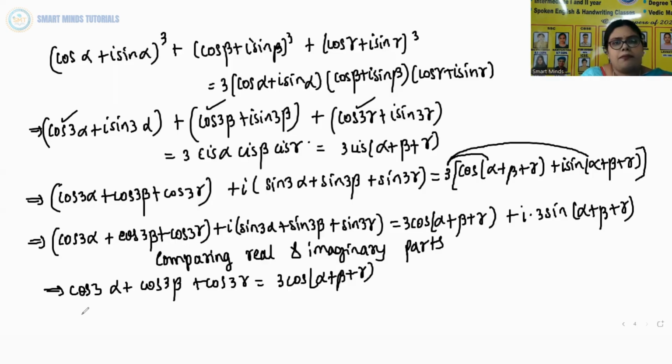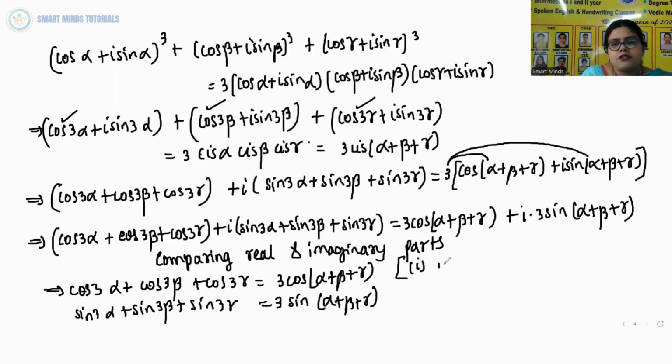And if I compare imaginary parts, we will get sin 3 alpha plus sin 3 beta plus sin 3 gamma is equal to 3 sin(alpha plus beta plus gamma). With this, first bit is proved. And with this, second bit is proved. So first and second bit is proved till here. Got it?